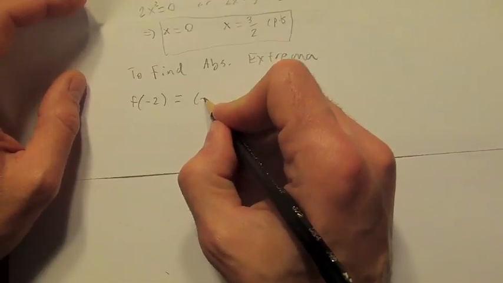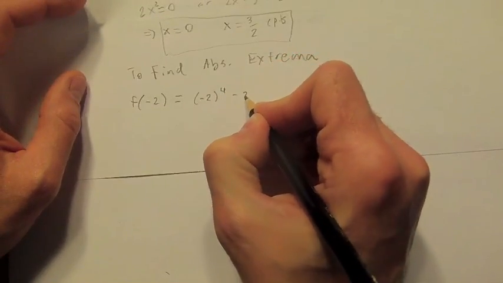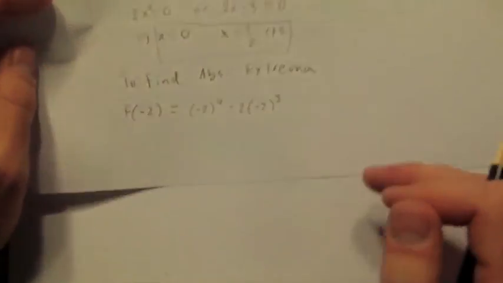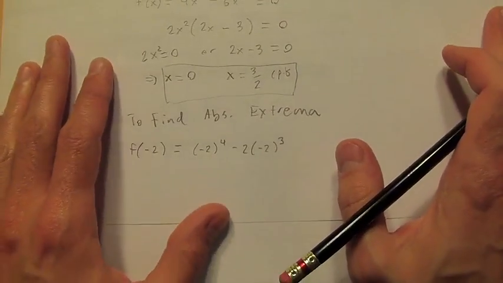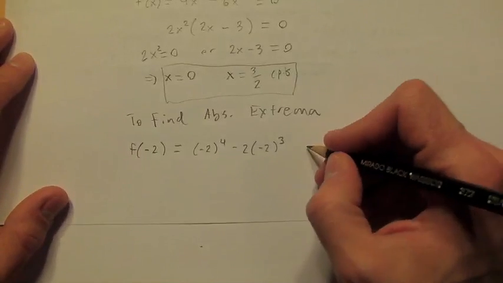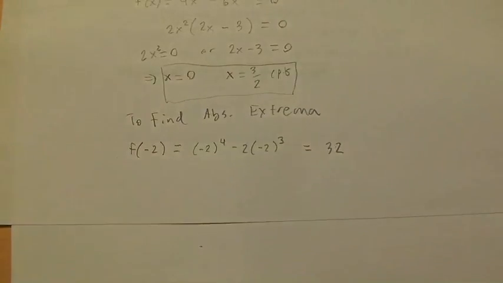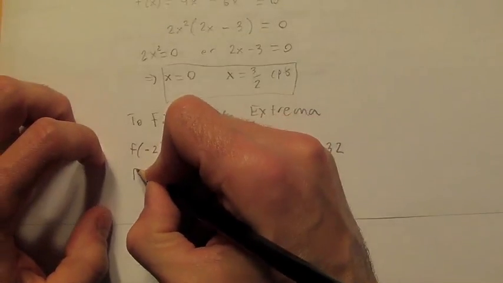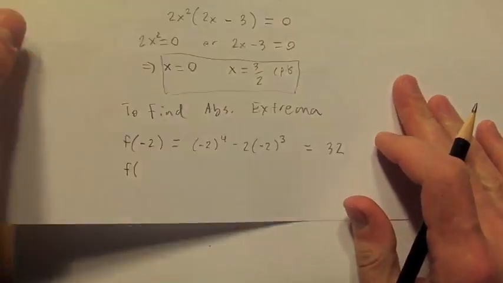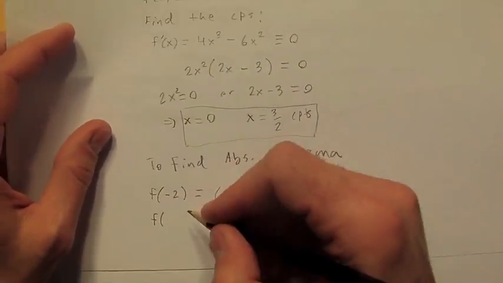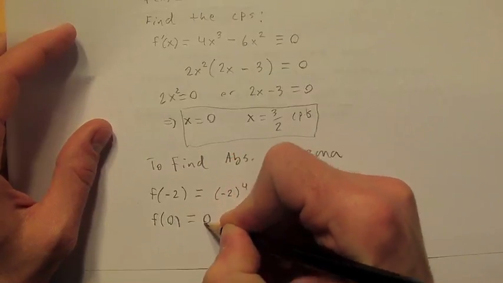But it will be -2 to the 4th minus 2 times -2 cubed. Okay, and that is going to end up being 32 when it's all said and done. Okay. Then I'm going to do f of 0. Okay. So f of 0 is simply 0.